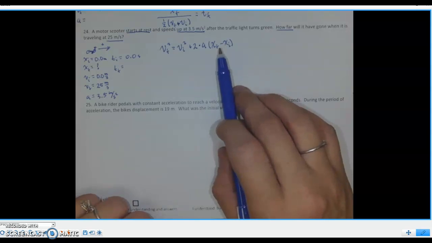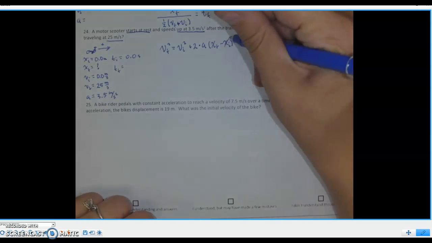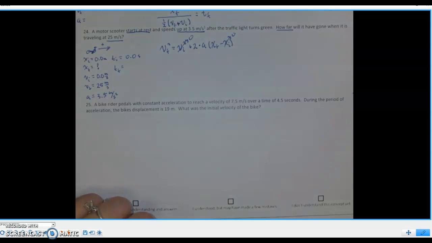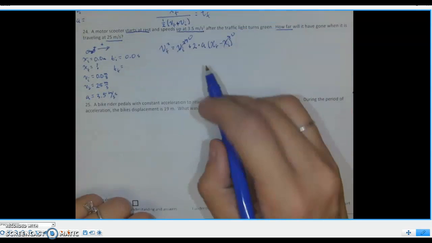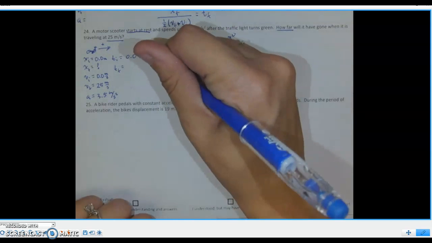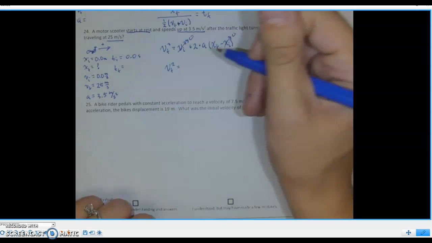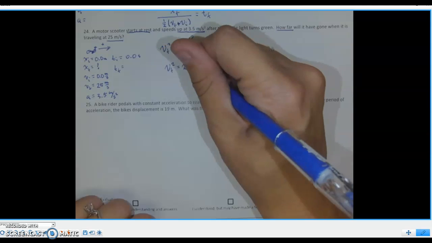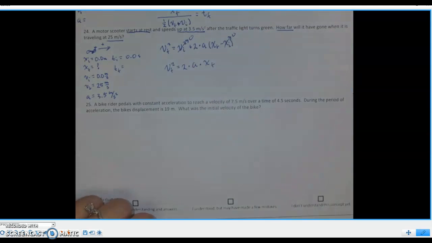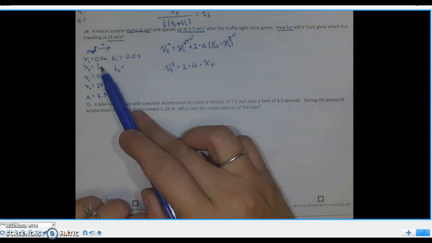Now let's look at which ones of these are zeros. X initial is 0, velocity initial is 0, time initial is 0, not included. So I will rewrite this equation now, dropping those 0 components. So velocity final squared will equal 2 times acceleration times x final. And I'll solve for my unknown.